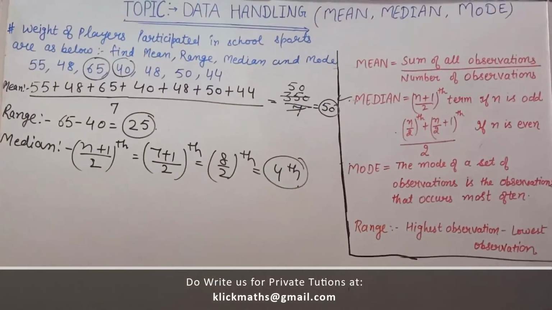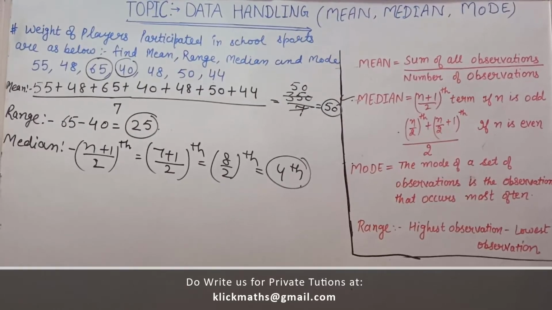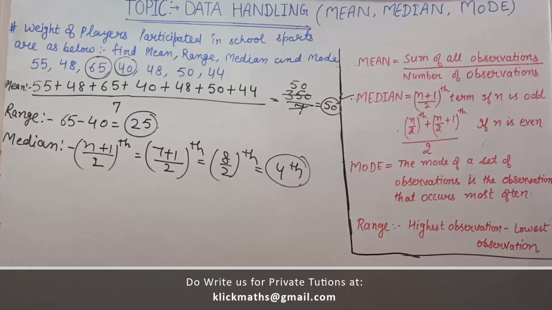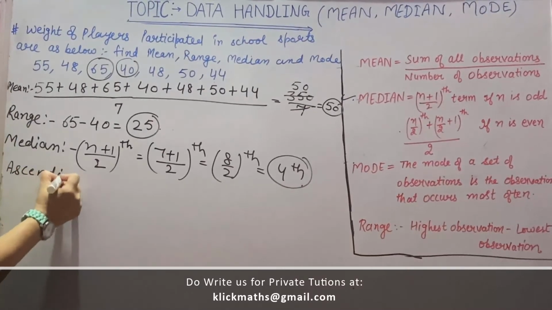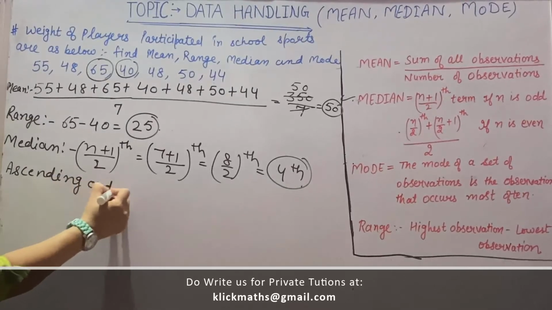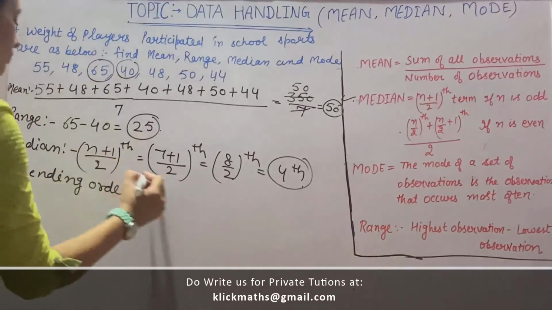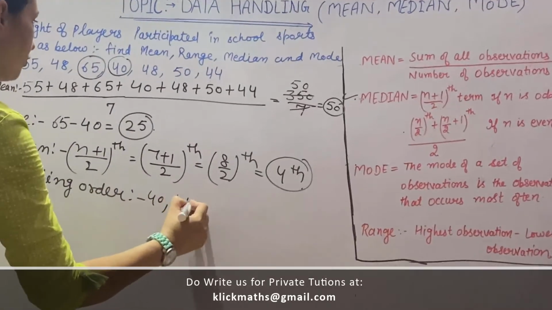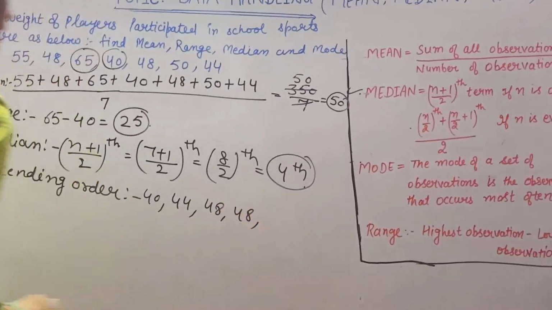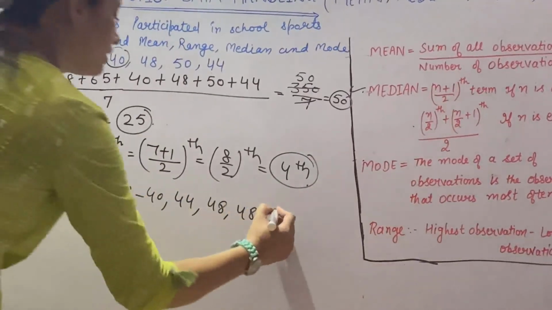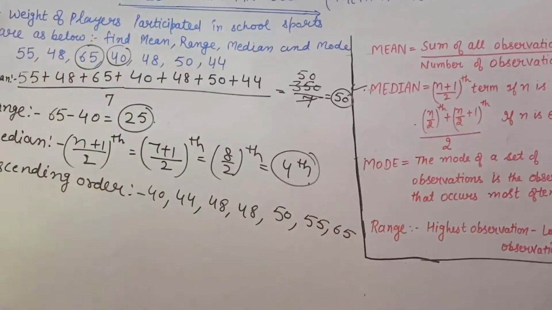But to find this fourth term, first we arrange these numbers in ascending order, as we discussed in this video. The smallest term is 40, 44, 48 we have 2 times, and 50, 55, and in the last 65.